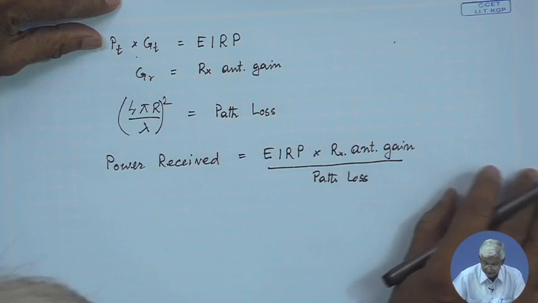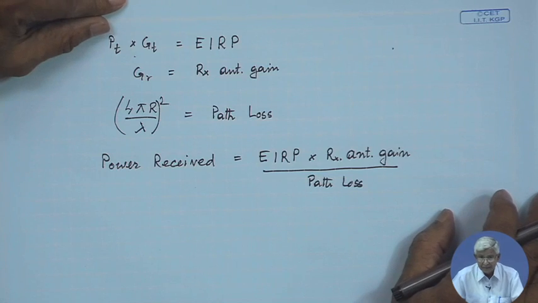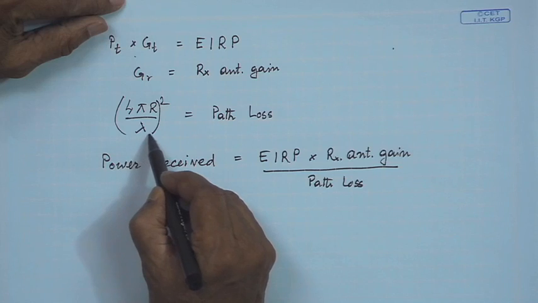We have seen earlier for satellite communication, the bands which are commonly used are C band, that is at 4 to 6 gigahertz range, Ku band which is 10 to 12 gigahertz range, or Ka band which is 20-30 gigahertz range. So, you can see as we go from C band to Ku band to Ka band, our frequency is increasing. As the frequency is increasing, the lambda value reduces.